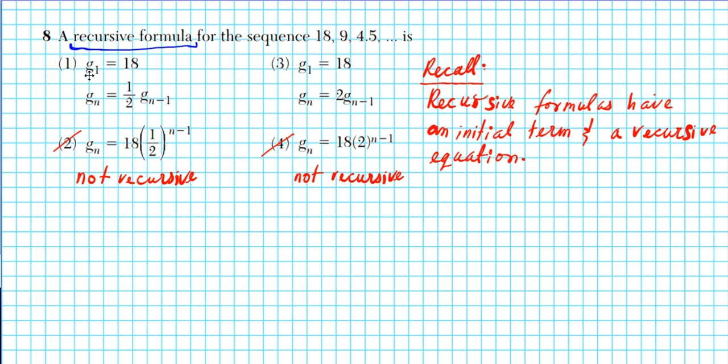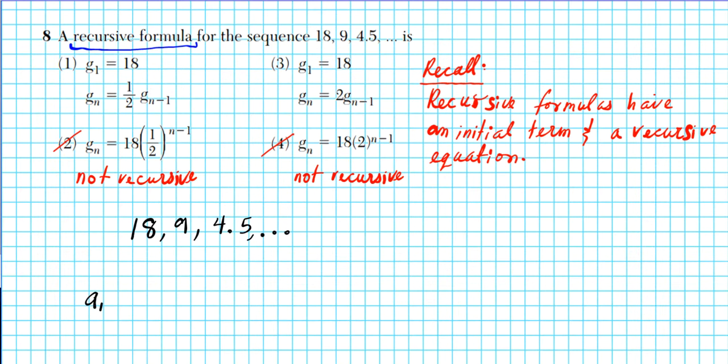Alright, so our answer is either option 1 or 3. So all we have to do is delve into the sequence and see what parts of the sequence match one of these options. The first part of the sequence has to do with the first term. Remember, a recursive formula has the first term, which is a1.